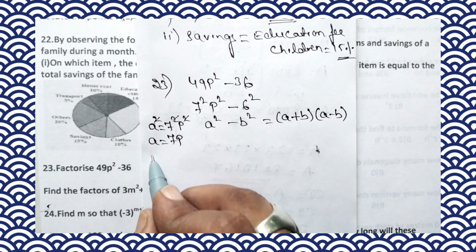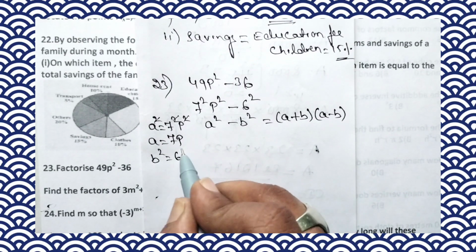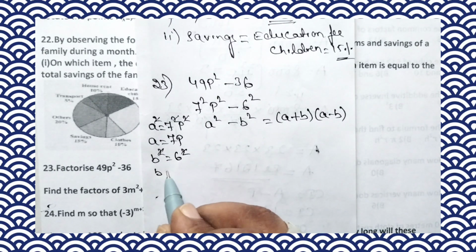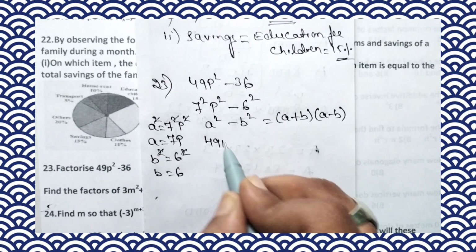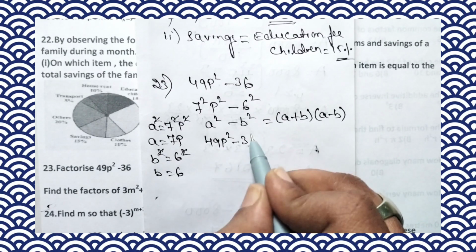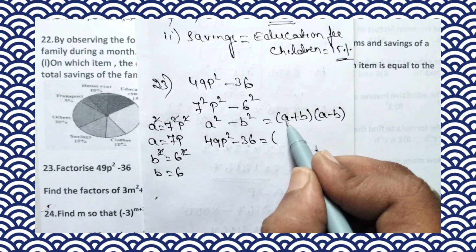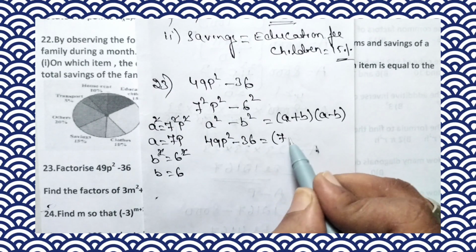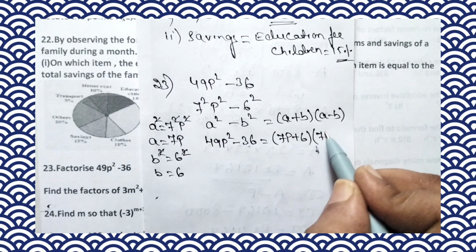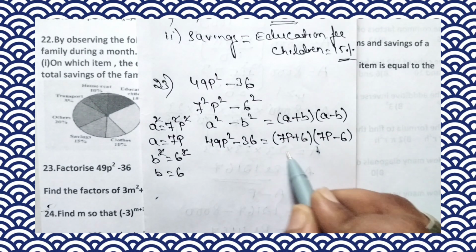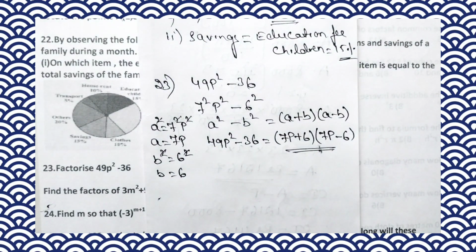Then in place of b square, 6 square is there, therefore b is equal to 6. So a square, that is 49p square, minus b square, that is 36, is equal to a, that is 7p, plus b, that is 6, into a, that is 7p, minus b, that is 6. Therefore the factors are 7p plus 6 into 7p minus 6, which is the right answer.